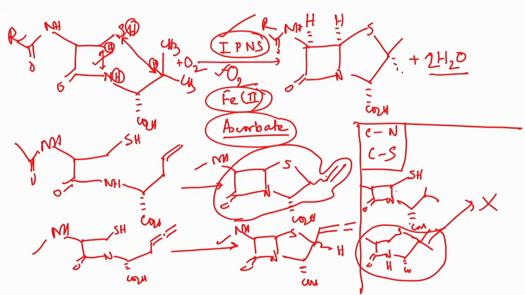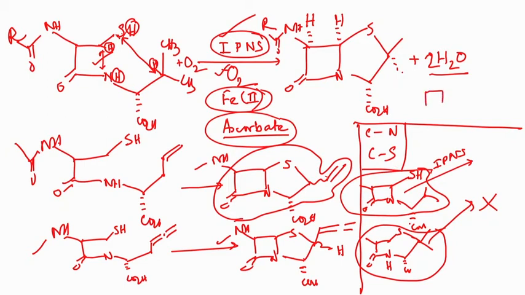So, they wanted to make this molecule and show it to the enzyme, and they thought they would immediately get the penicillin. However, the problem was this molecule has a very short half life. Within 15 minutes, it is destroyed. Why?